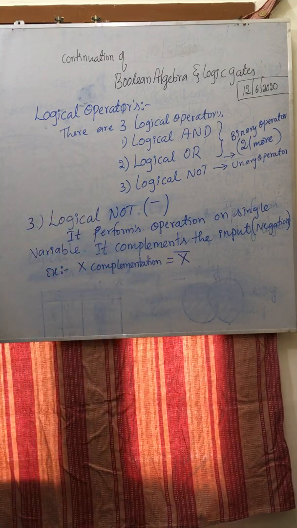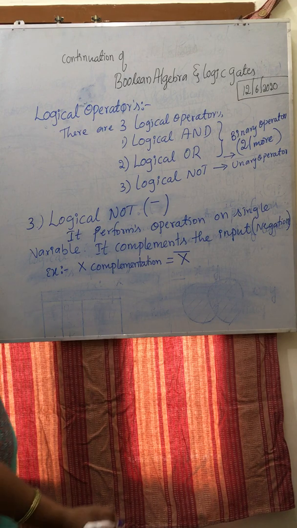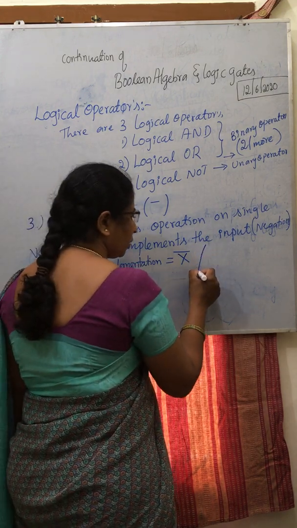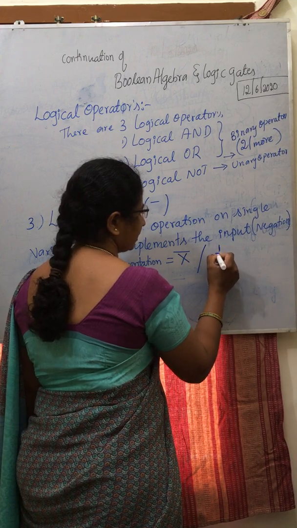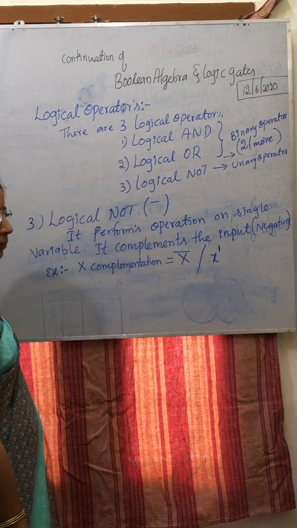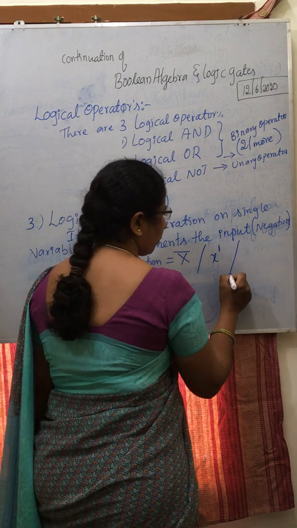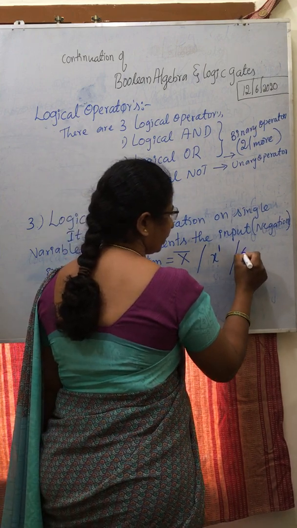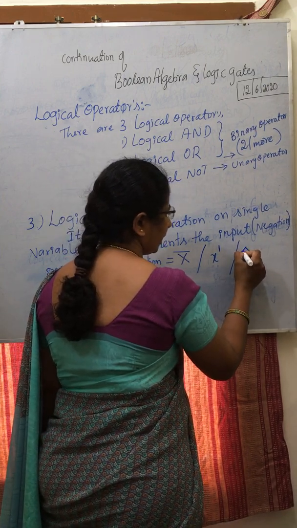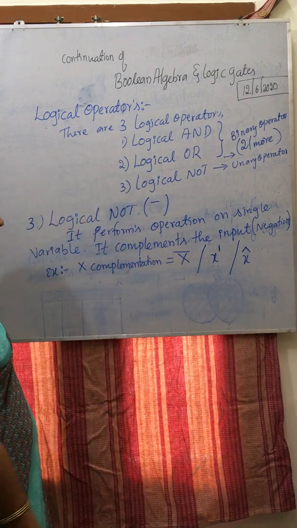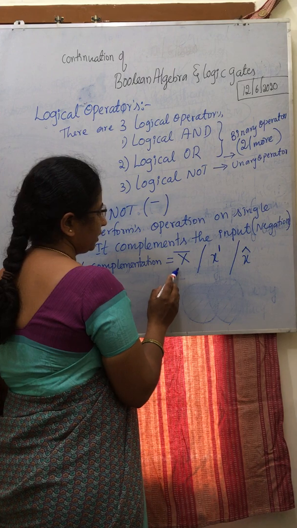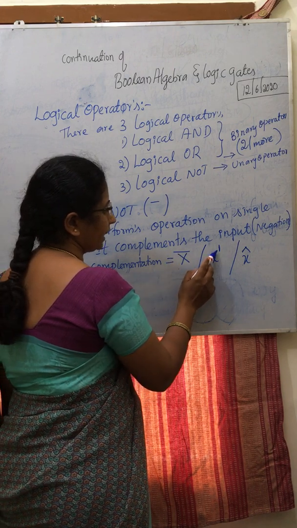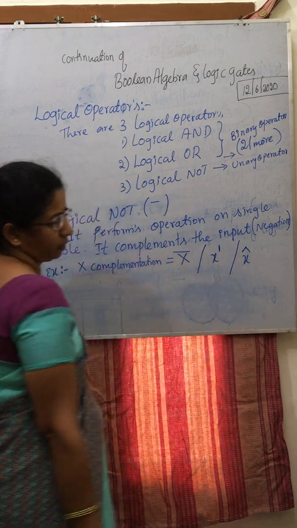This can also be represented as X dash. It is also possible to be given in the question paper like this also. Either this or this or this. This is overbar, X dash, X caps lock.